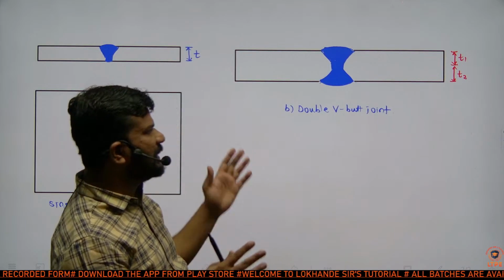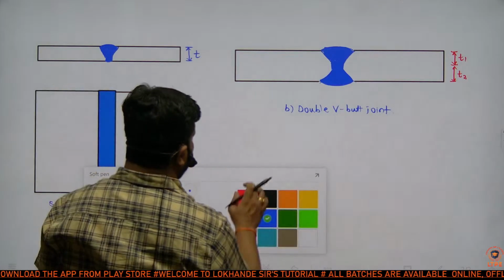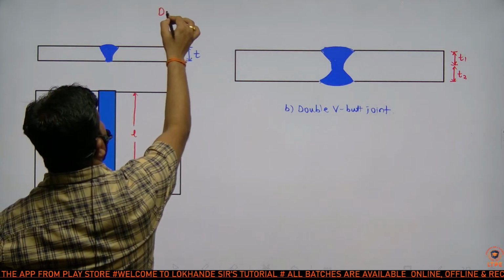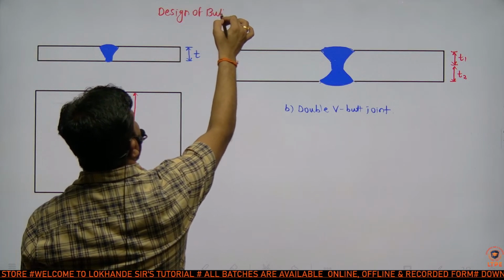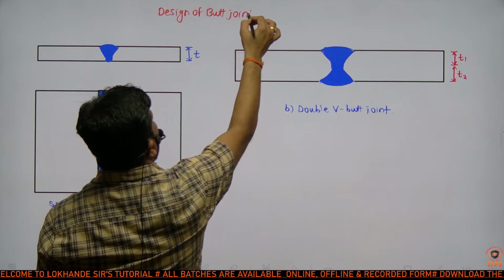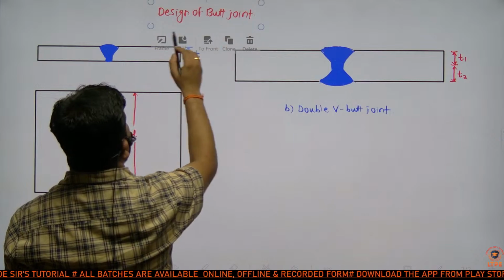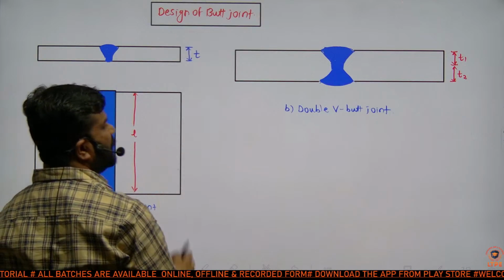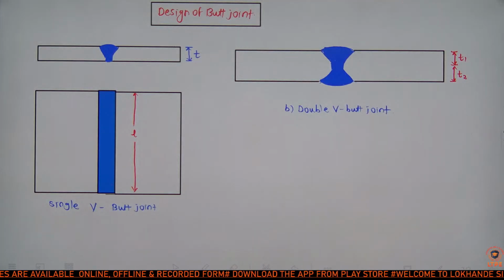Number of butt joints are there. Okay. So the heading: design of butt joint. In the previous lecture, we cleared design of lap joint. Lap joint and butt joint are the two main types of welded joint.